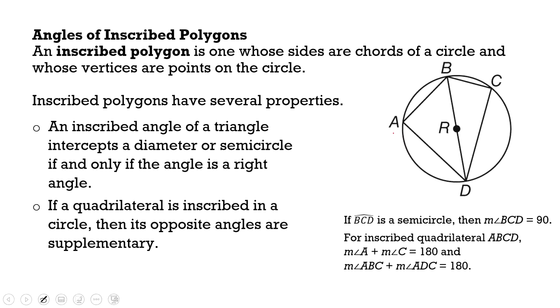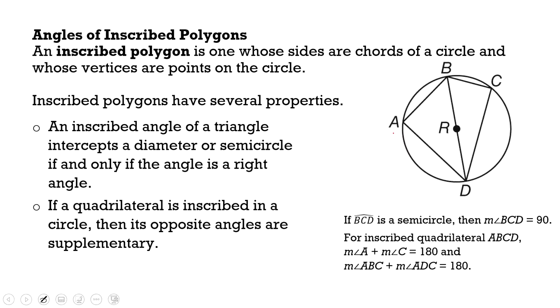It's the only way you can have it. So the diameter gives us a semicircle. We know that's going to be a right angle, a right triangle, sorry. So that'll help us figure out what the diameters of circles are given side lengths. So we'll be able to do some math that way.